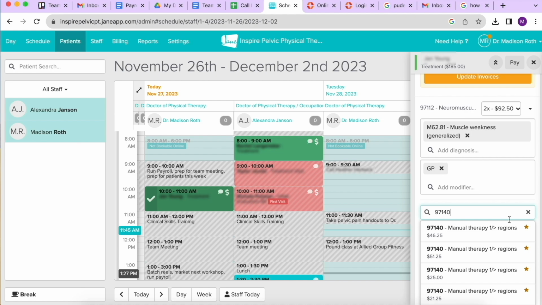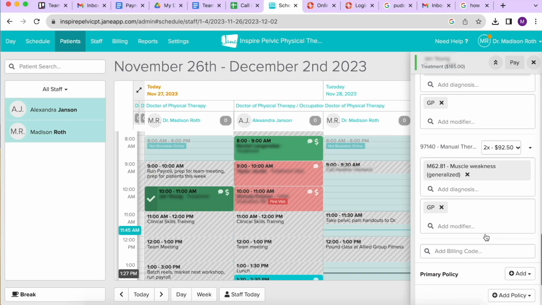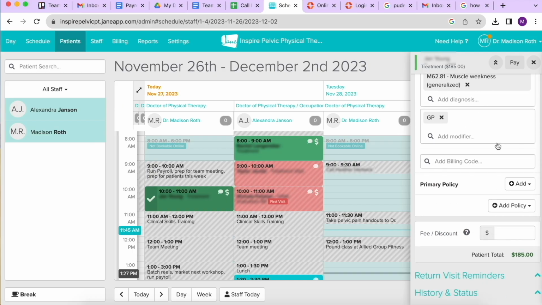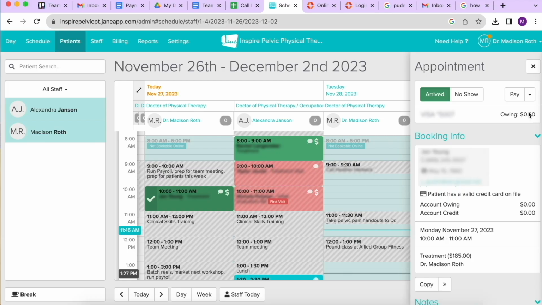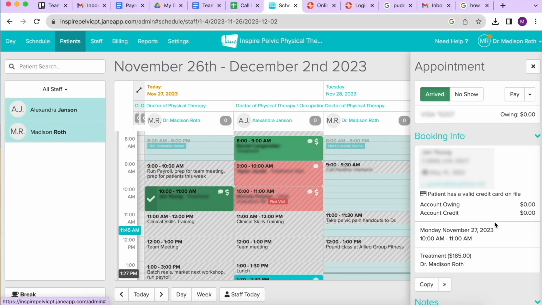We did manual for 2 units. And then we want to make sure at the bottom that equals what we charge the patient. So that equals 185. Going to scroll to the top and email the super bill to the patient.